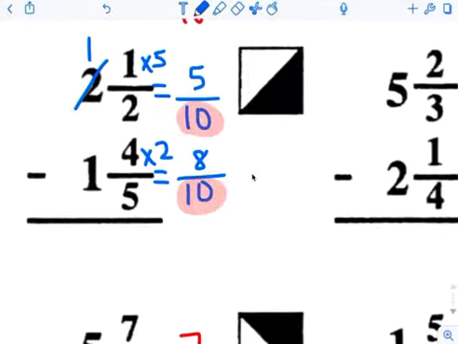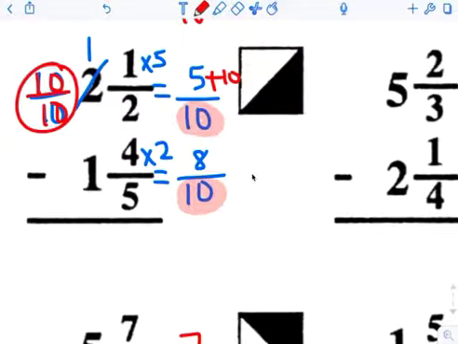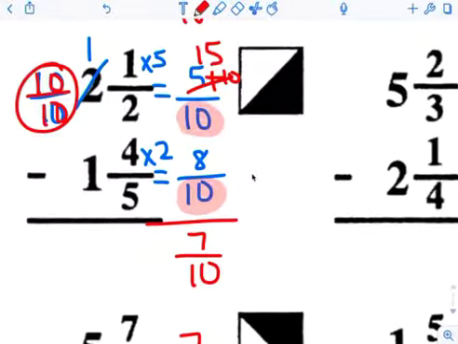It becomes a 1. You're borrowing with a denominator of 10, it's 10 over 10. So you're adding this 10 right here. You get 15. 15 minus 8 is 7 over 10. And 1 minus 1 is a 0. You don't write that 0.